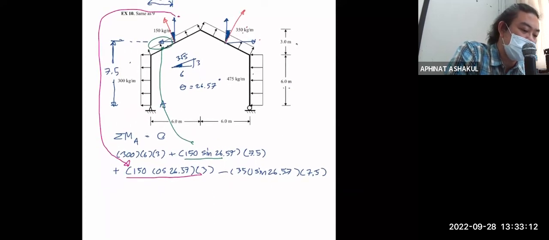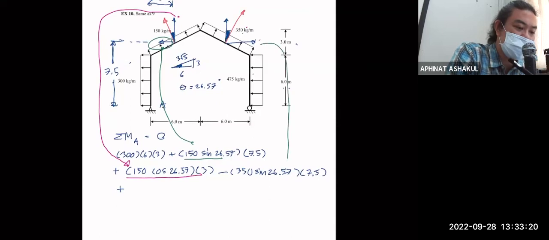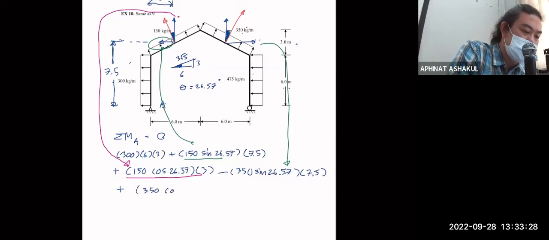Then plus the vertical component. This is the guy, right? Then plus 350 cosine 26.57. This time multiply by 9. This is that one.